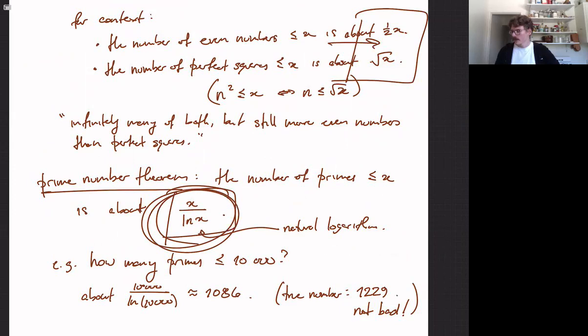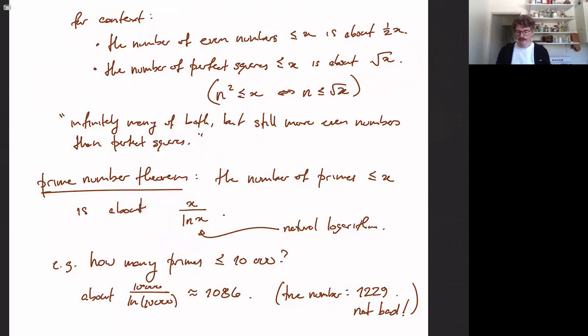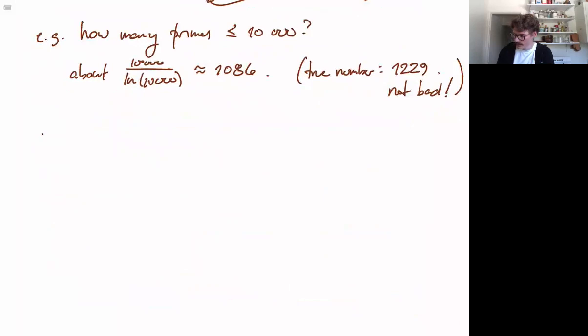So x over natural log x is going to grow slower than this, but faster than this. So there are more primes than there are perfect squares, but fewer primes than there are even numbers. But okay, one more refinement. So refine further.